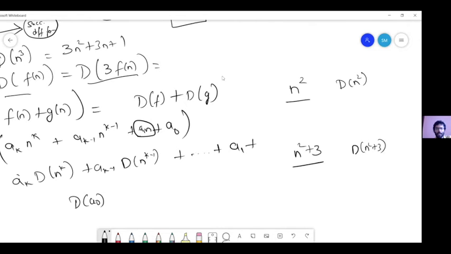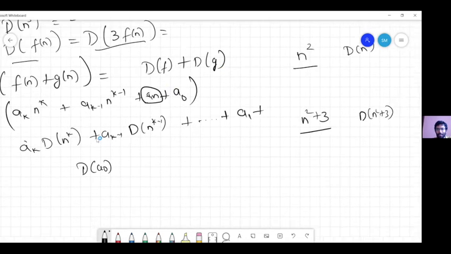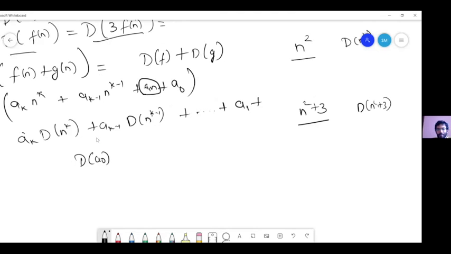Okay, so now with all these observations in place, let me come back to my initial question. What was the initial question? n power 5 and n square, right? It is 2n to the power of 5 plus 3n square.